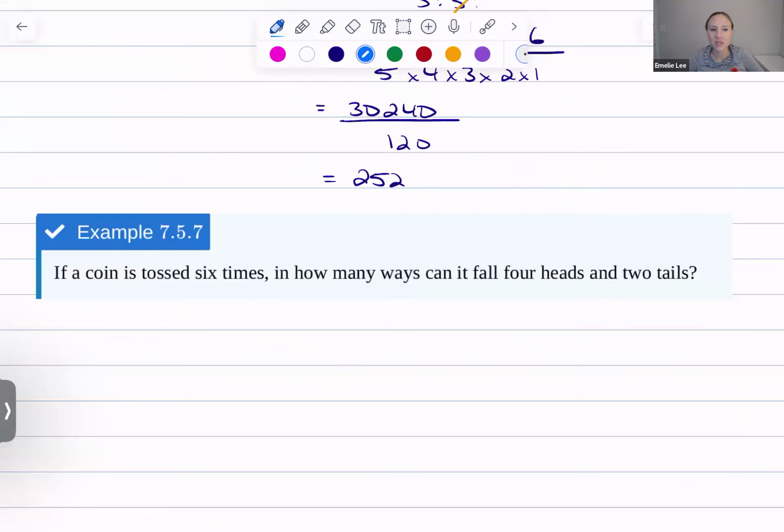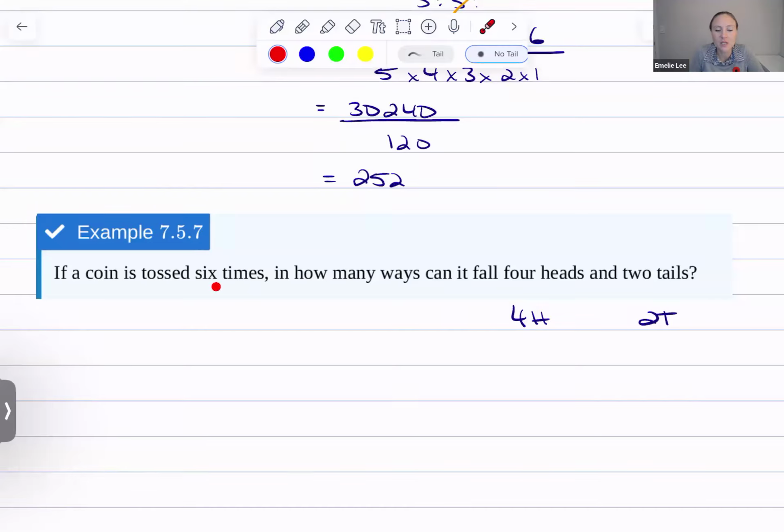If a coin is tossed 6 times, in how many ways can it fall 4 heads and 2 tails? Okay. And so let's see here. So I toss it 6 times and I want 4 heads and 2 tails. Okay. Now here's the thing.